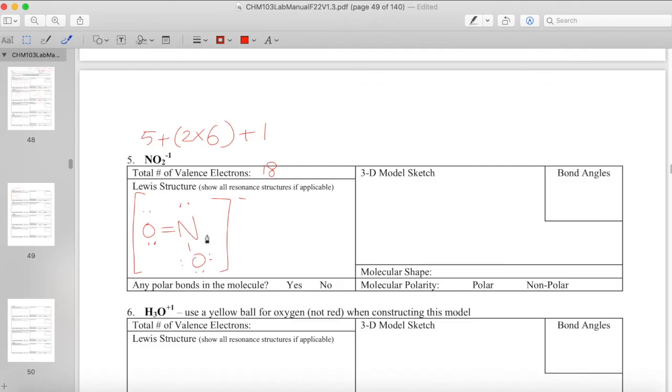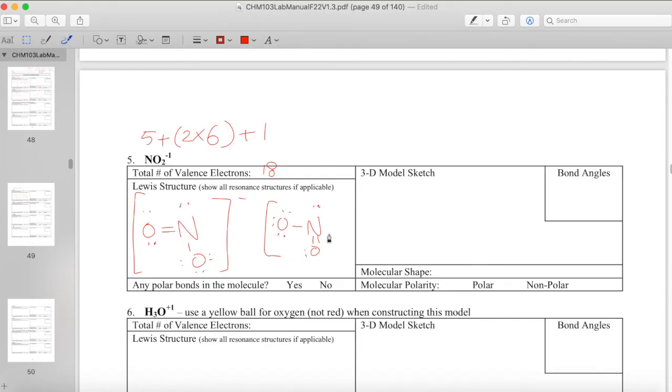So if you have space, feel free to draw that. I could have my double bond to this oxygen and a single bond to this oxygen. This one will still have 3 lone pairs because I wouldn't have erased any from here. This will have only 1 lone pair, and this one will have only 2 lone pairs.